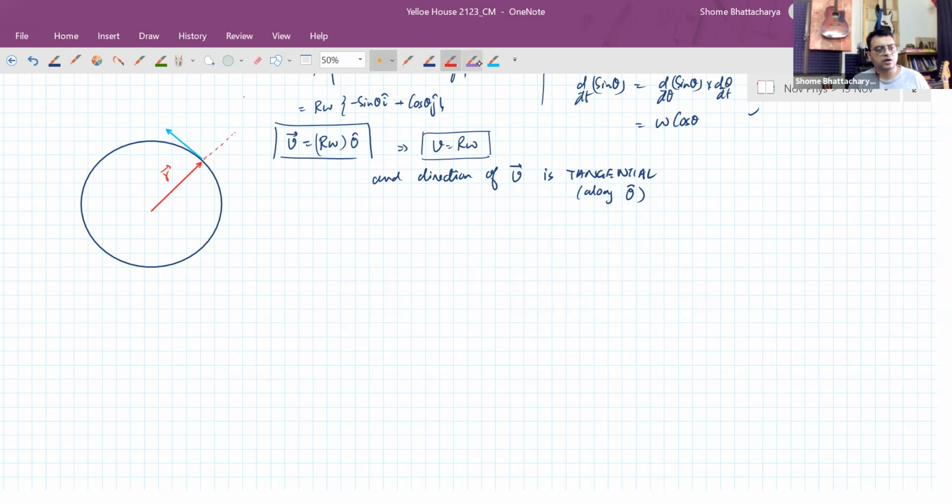The direction of r, which is along r cap, and the direction of v, which is along theta cap, will always be perpendicular. So as the particle moves in the circular path from point to point, at any point of time, the velocity is tangential. So you can see that even if the speed is uniform, the velocity is always changing because the direction is changing from point to point.